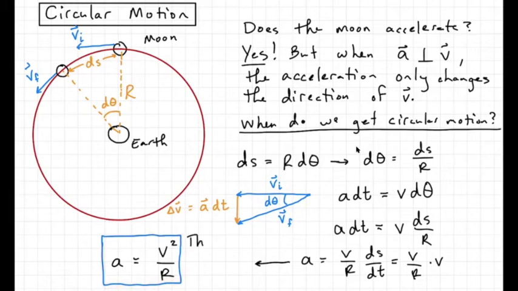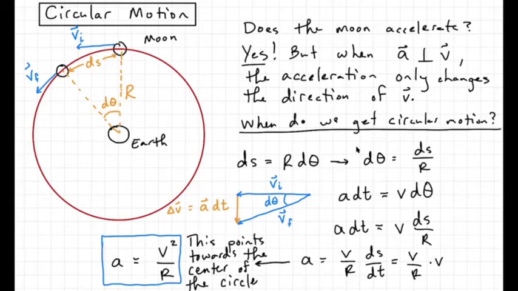This points towards the center of the circle. And the r there represents the radius of the circle that the moon, in this case, is moving on, or it could be whatever is undergoing circular motion.